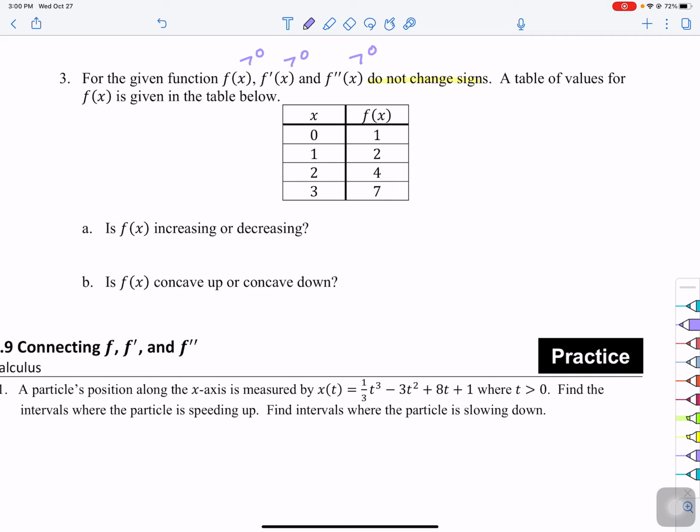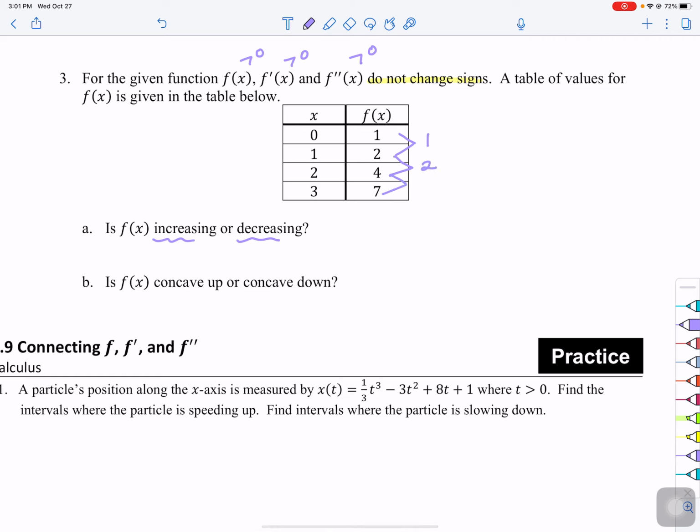Let's see how f is changing. Is f increasing or decreasing? As you can see here, the slope between these 2 points, change in y over change in x, is going to be 1. And the slope between these 2 points, (4 - 2)/(2 - 1), is 2.